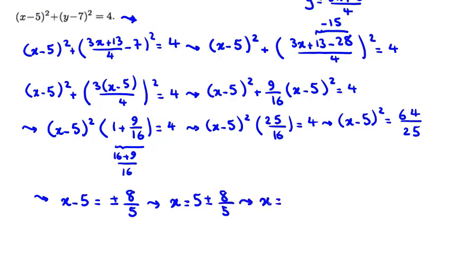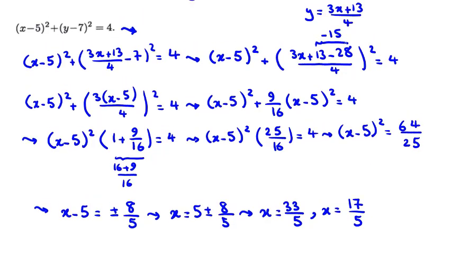So one answer is 5 plus 8 over 5, and if we use common denominator, 5 times 5, 25, plus 8, 33 over 5, and the other answer is 5 times 5, 25, minus 8, 17 over 5. Okay, one of them reaches the minimum, one of them reaches the maximum.